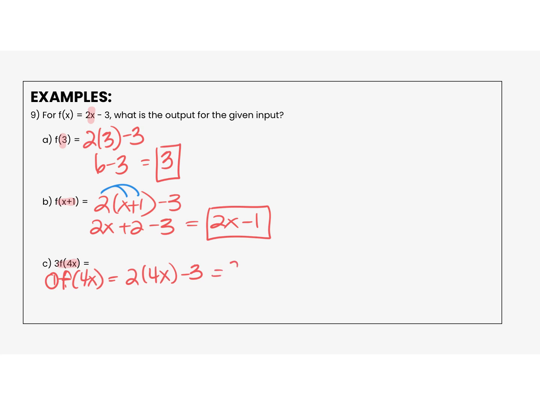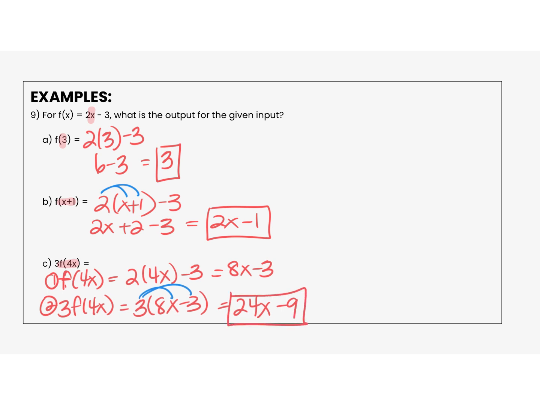So that gives me 8x minus 3. And now I'm going to take that and say 3 times f of 4x, which we already said is 8x minus 3. So I'm going to take 3 times that. Again, we have to distribute here, but then my final answer is 24x minus 9.